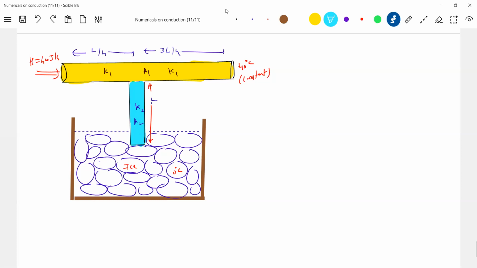A part will move horizontally, and the remaining part will flow here, will enter like this, no? And as this heat is absorbed by the ice, it will start melting. Let m be the mass of the ice. What is the temperature of the ice? 0 degrees Celsius.